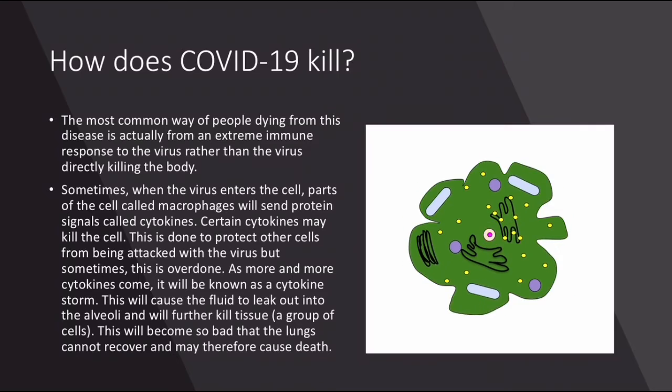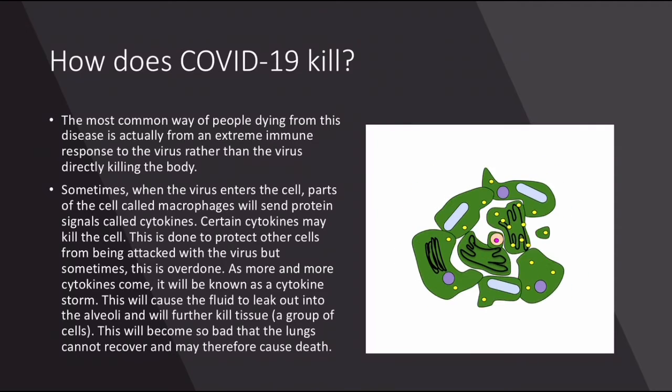This is done to protect other cells from being attacked by the virus, but sometimes this is overdone. As more and more cytokines come, it is known as a cytokine storm. This will cause fluid to leak out of the alveoli and further kill tissue, which is basically a group of cells. This will become so bad that the lungs cannot recover and may therefore cause death.